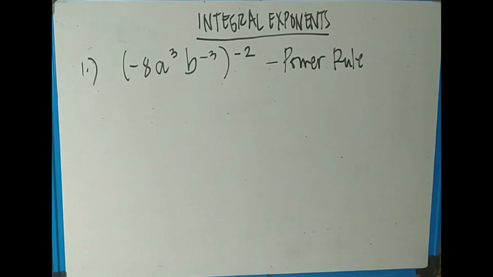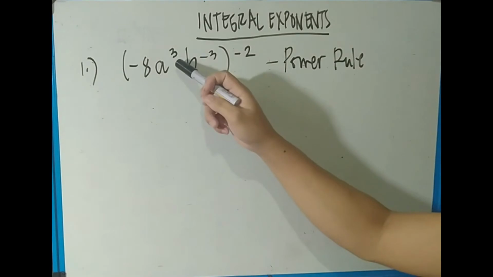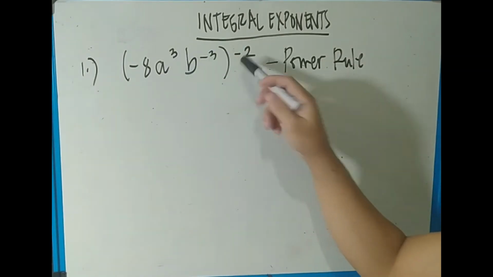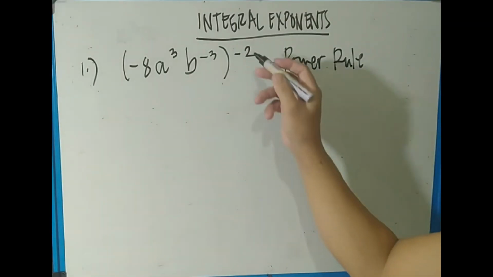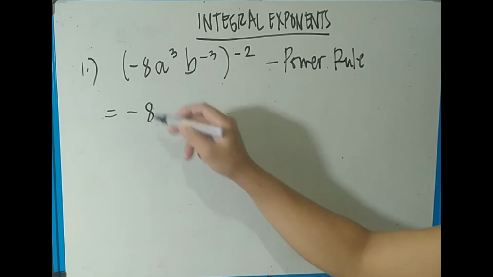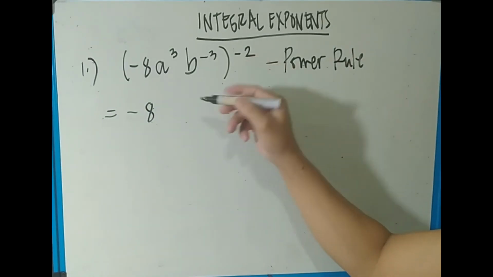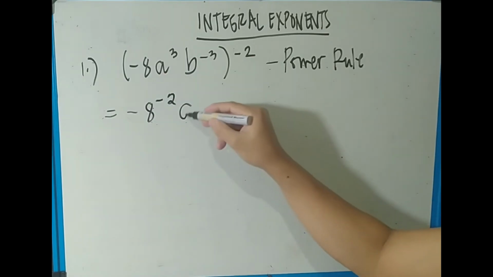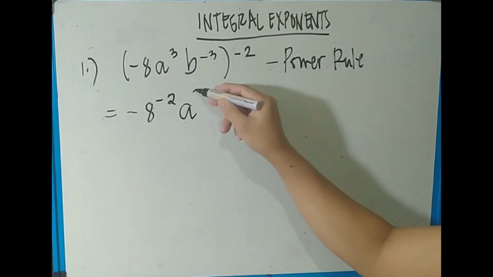Meaning to say, if we apply power rule, ang gagawin natin sa exponent is isi-simplify natin siya or i-distribute natin siya and we are going to multiply it. So, i-distribute natin siya, this will become negative 8. Then, we have negative 2 here. So, copy natin negative 2. Then, copy A. Then, we have raised to 3.